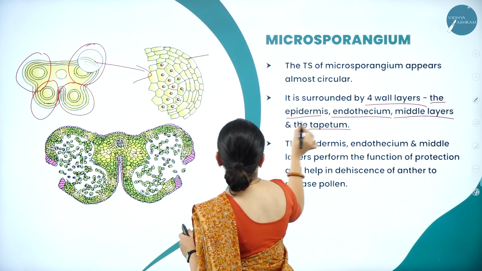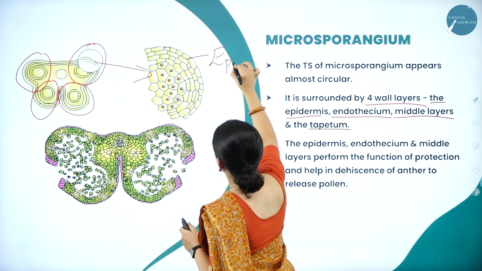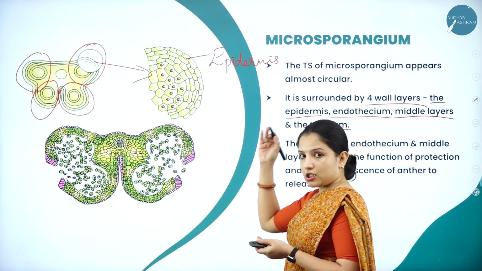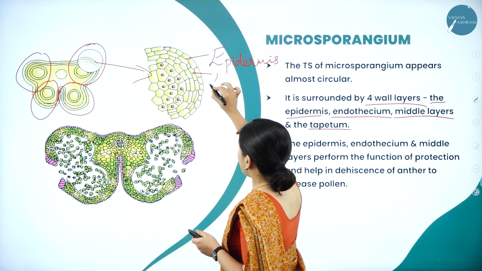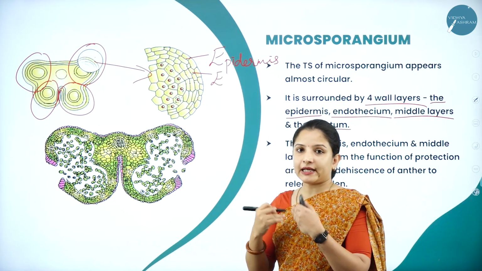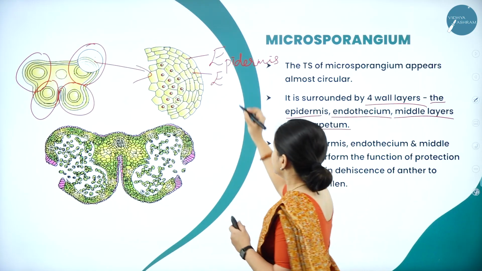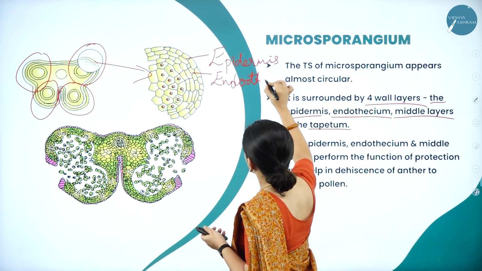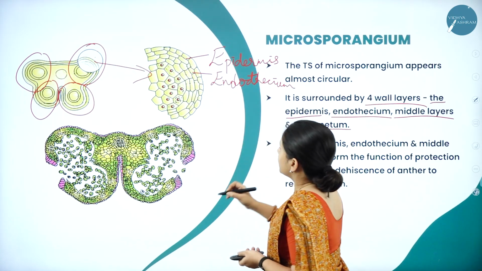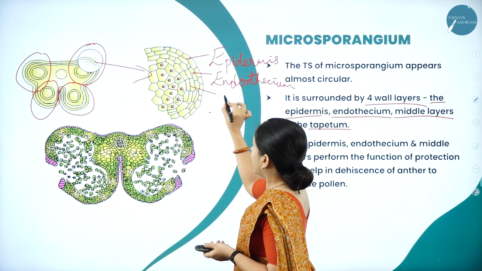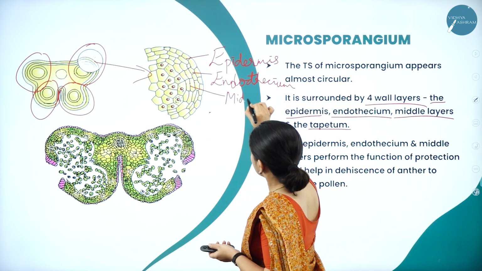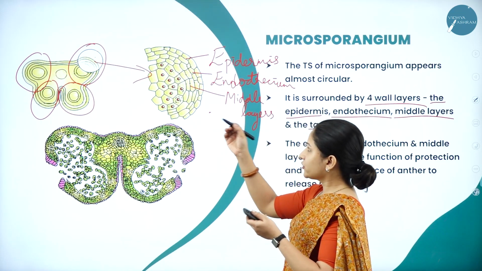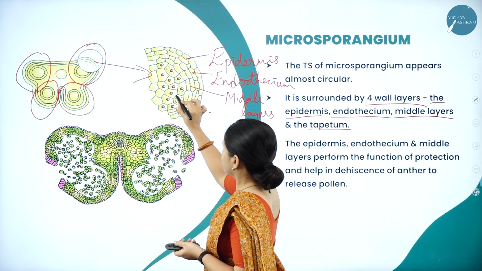As I told you, the microsporangium is surrounded by 4 wall layers. The outer wall layer is the epidermis. Inner to the epidermis, you have the endothecium. Endo means inside, inner; epi means outer, outside. Then, inner to the endothecium, we have the middle layers, and inner to the middle layers, we have the tapetum.